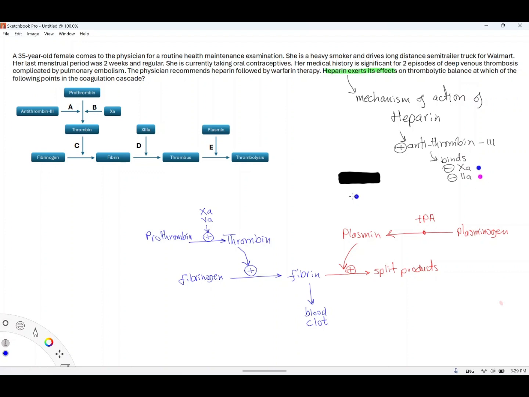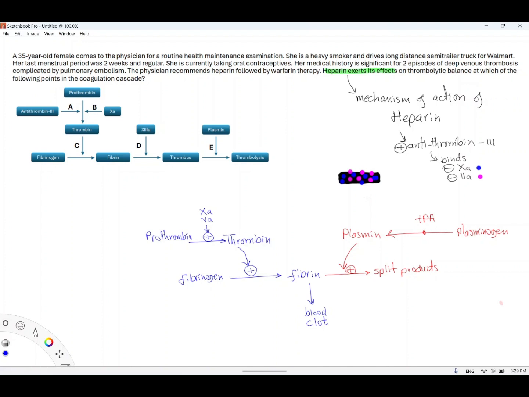As long as the blue and purple dots are available freely, not attached, they can participate in clotting. But when they're bound by heparin, they're no longer available for clotting. That's what antithrombin 3 would do. Not only does it inactivate or bind factor 10 and factor 2, but it also binds the activated versions of 12, 11, 10, 9, 7, 2.